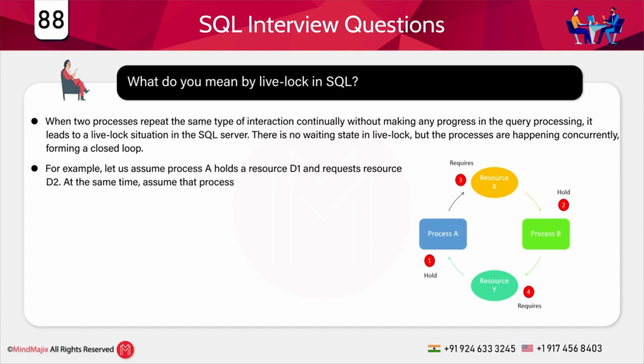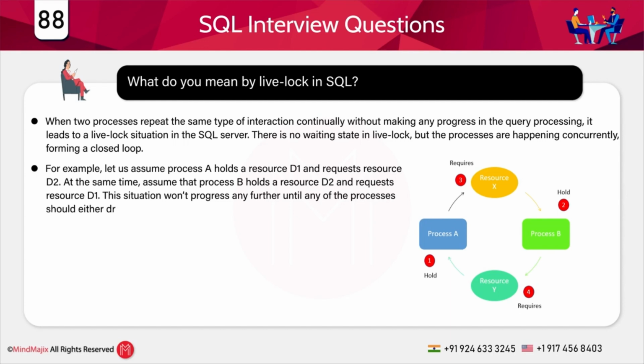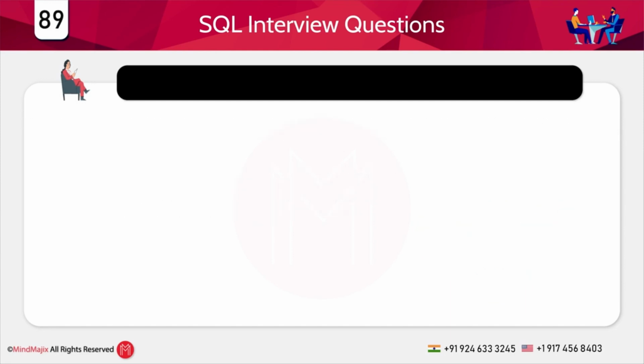At the same time, a process B holds a resource D2 and requests the resource D1. So this situation will not make any progress until either of the processes drops holding a resource or drops requesting a resource.